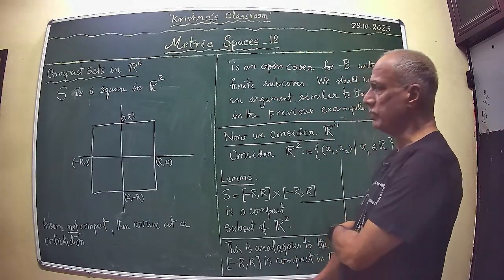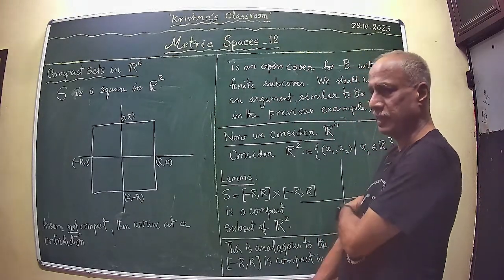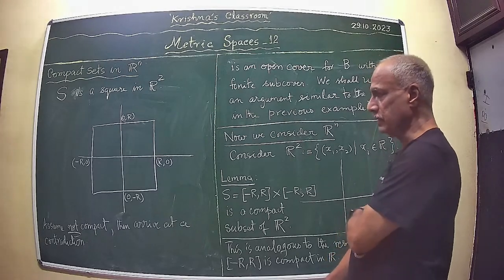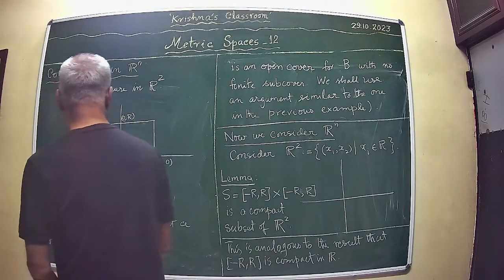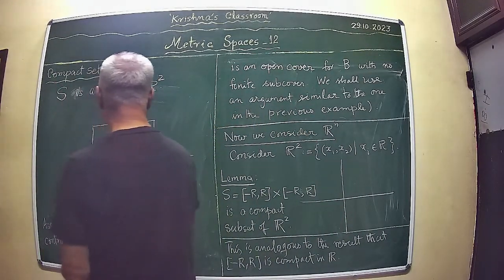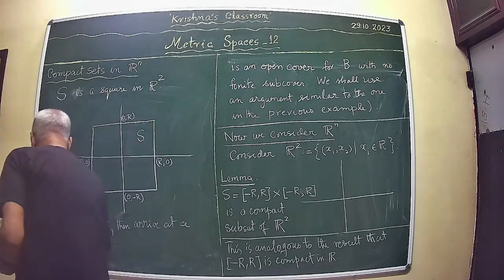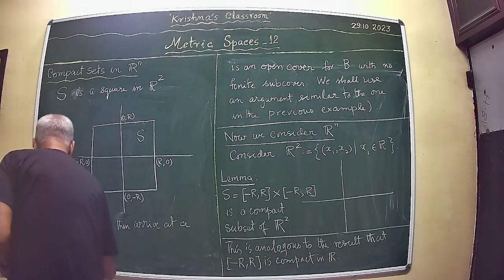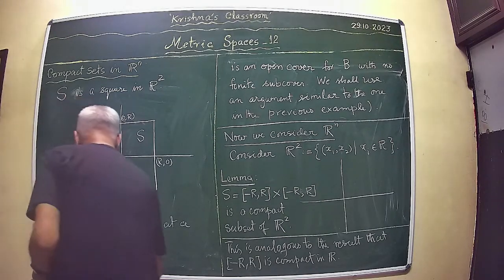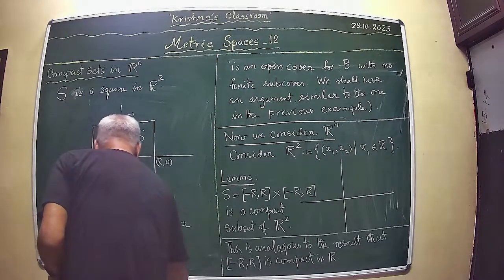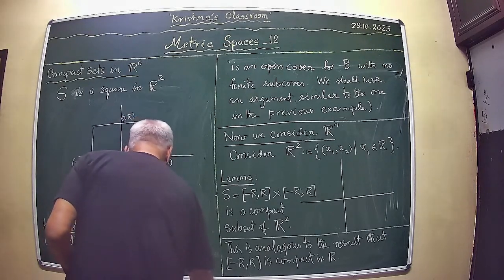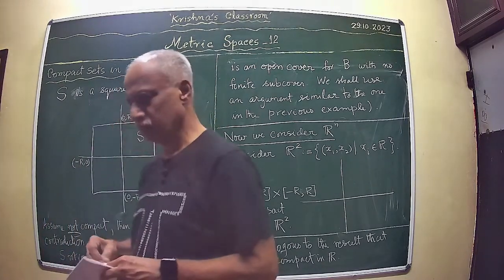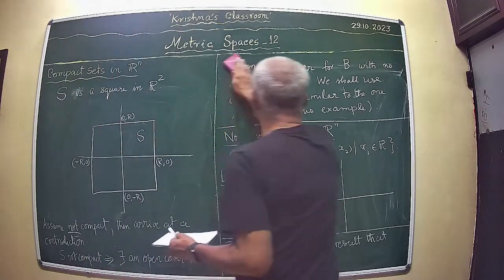This is compact means that every open cover has a finite subcover. The negation of that is that suppose this is S. So S not compact implies there exists an open cover of S with no finite subcover.